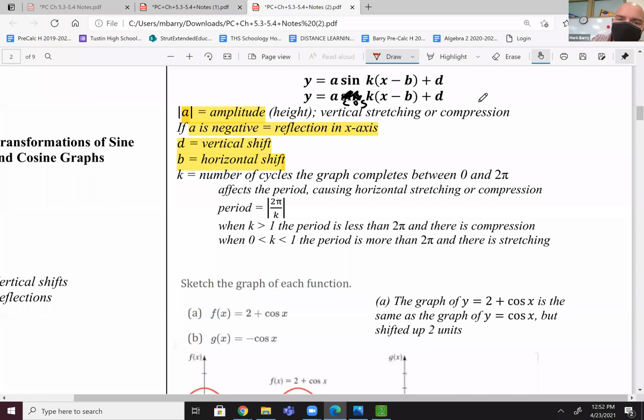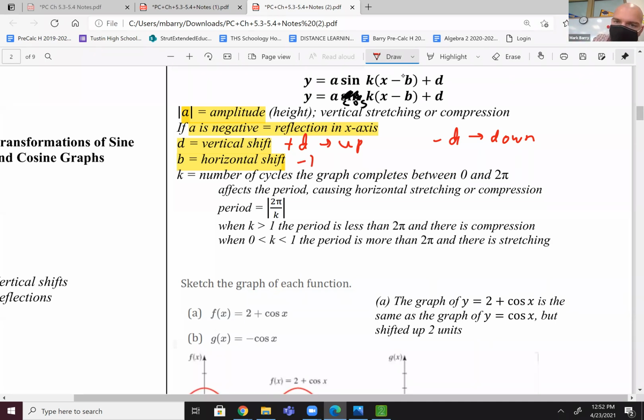So yeah, I was going to say for the vertical shift, if it's adding that number, that's going to move it up. And if it's subtracting that number, that's going to move it down. And once again, that's adding or subtracting outside of the sine or cosine. And if it's adding or subtracting inside of the sine or cosine, it's kind of counterintuitive here.